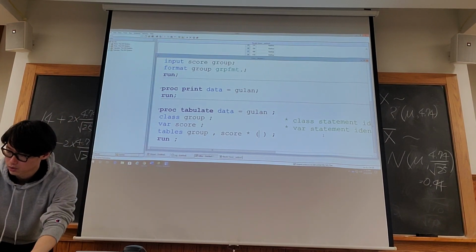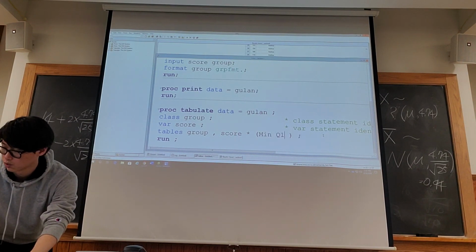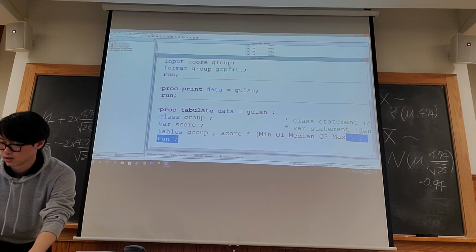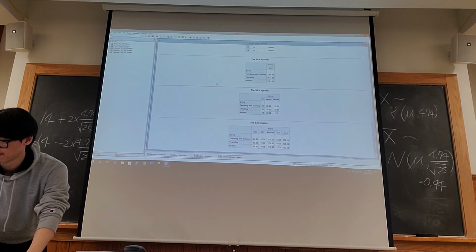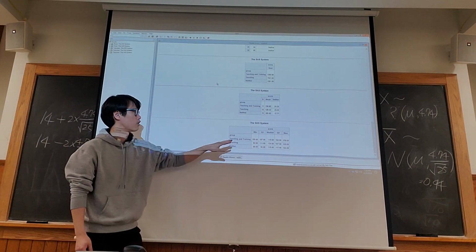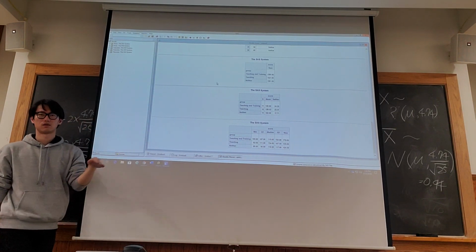The 5-number summary should be min, Q1, median, Q3, and max. Right? So if I submit and run, I'll get the 5-number summary per group. Okay, does it make sense?